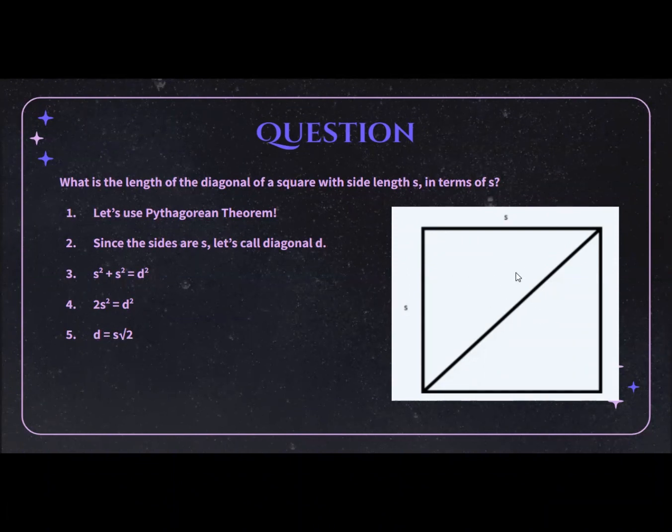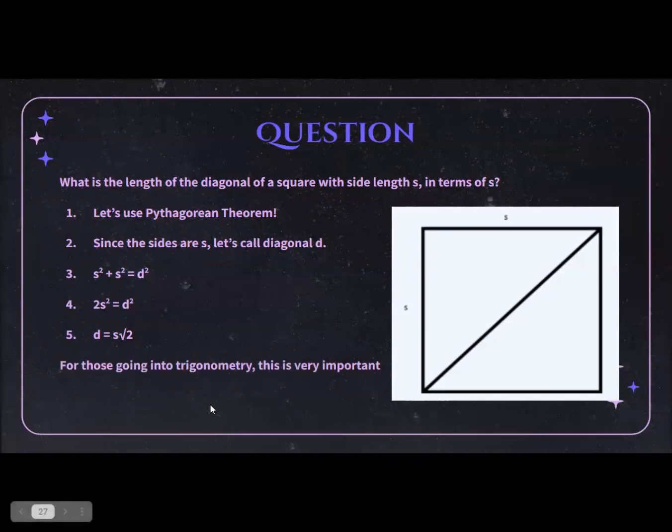For instance, if the square had side 1, the diagonal would be square root 2. If you had a side of square root 2, then the diagonal would be 2, because square root 2 times square root 2 is 2.